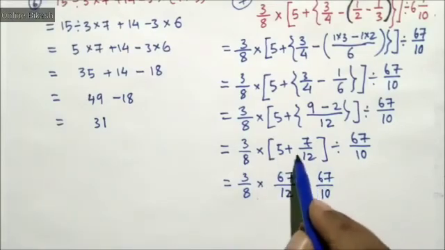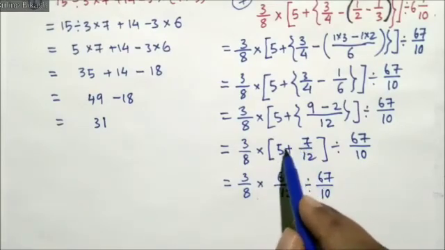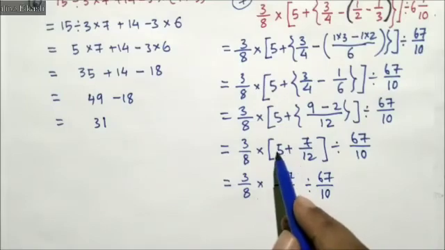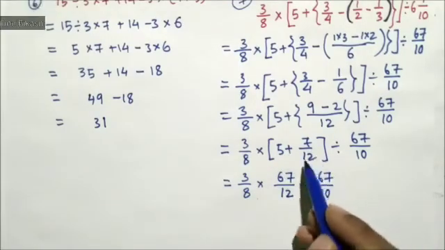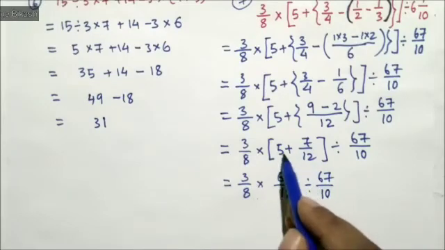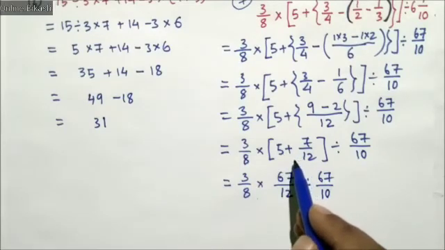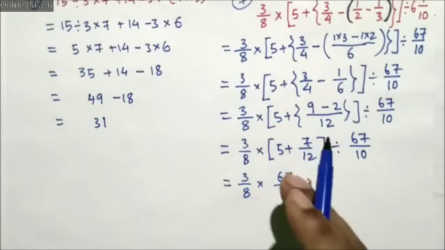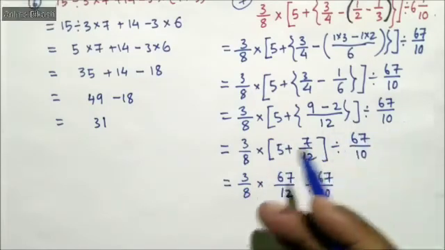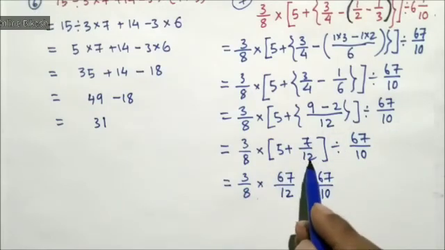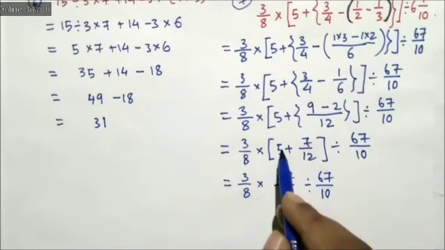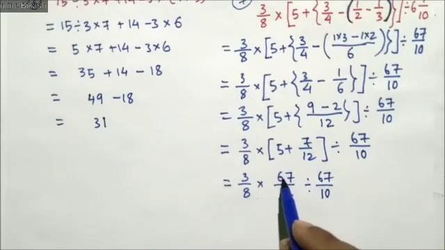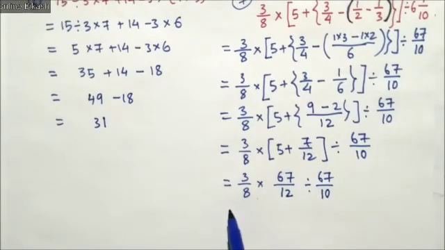When you encounter this type of maths, a whole number plus a fraction, simply do 12 and 5: 12 5s is what? It is the same way we convert a mixed fraction into an improper fraction. 12 into 5 is 60 plus 7, that is 67, divided by 12. So divided by 67 by 12.